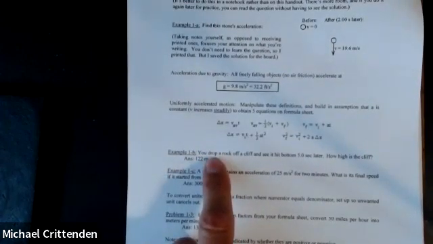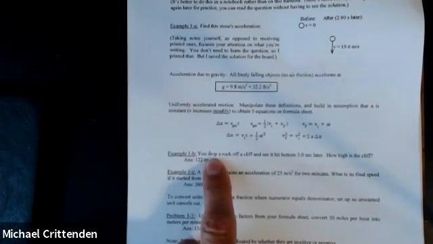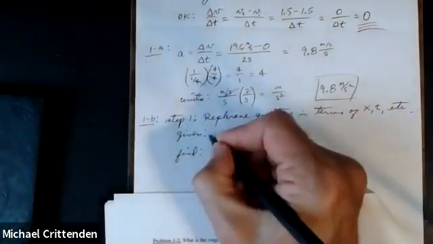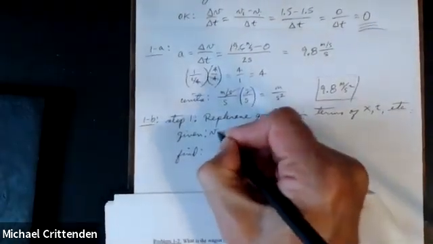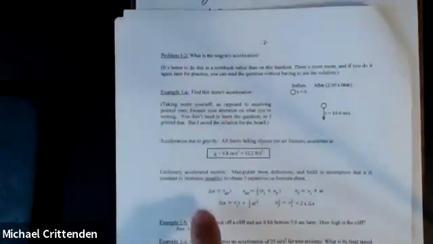The word drop is significant because you didn't throw it, you simply released it. So as it left your hand, its velocity was 0. That's telling you the initial velocity, the velocity at the beginning of its descent. V initial equals 0. Okay, what else do we know?